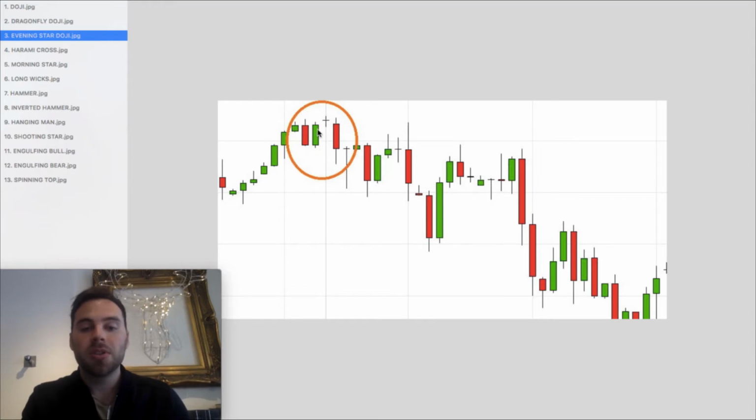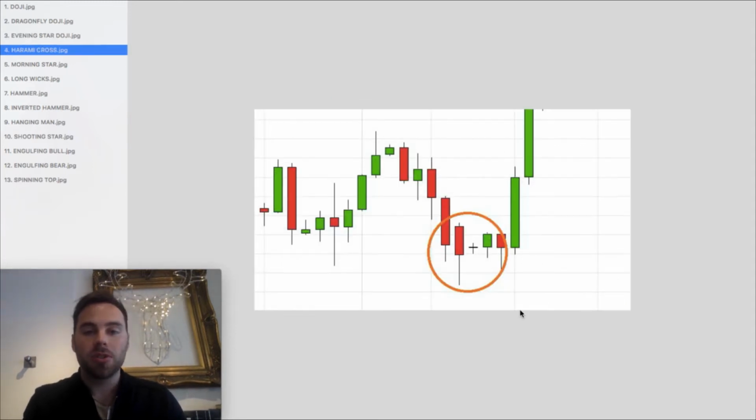You can see here that the open and close of the body has actually jumped from the close of the previous candlestick. So it's jumped up, but the price has been rejected above and below, and it's created this evening star, which has then formed this red bearish candlestick afterwards, and therefore there's been a change in trend.